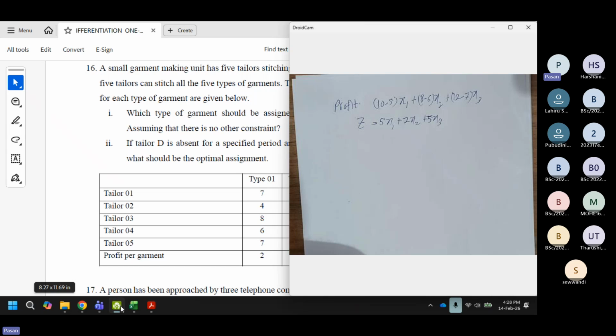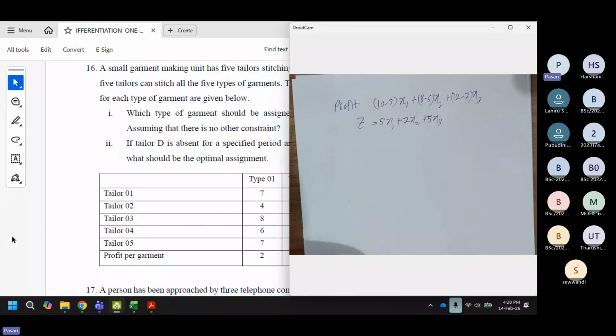So we have the profits given down. So this is fixed. Give me a second.